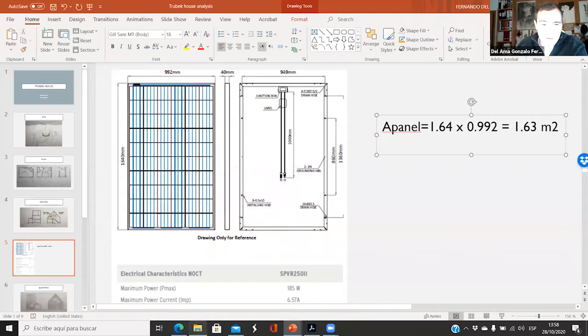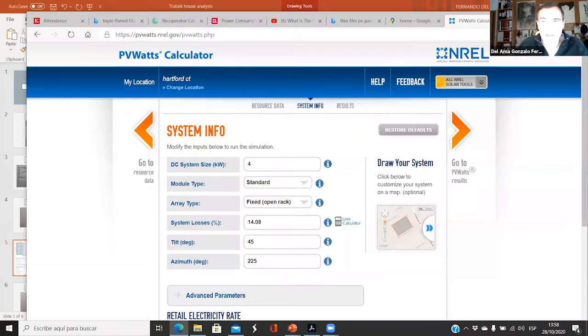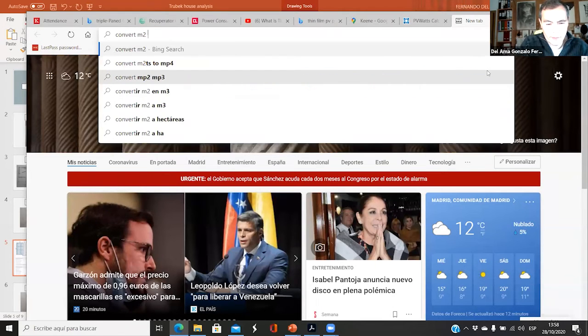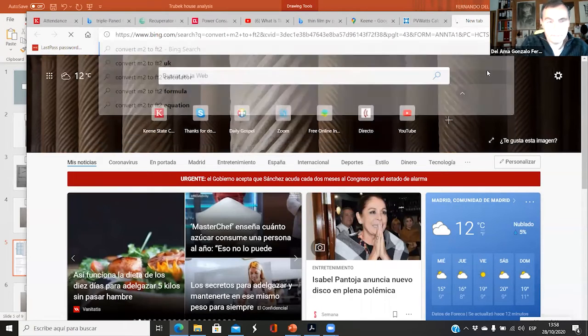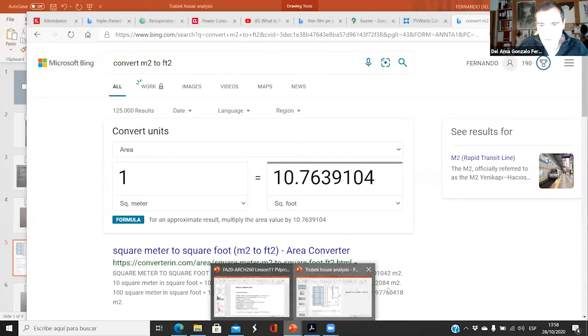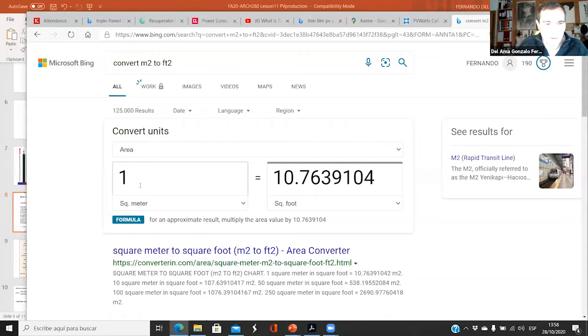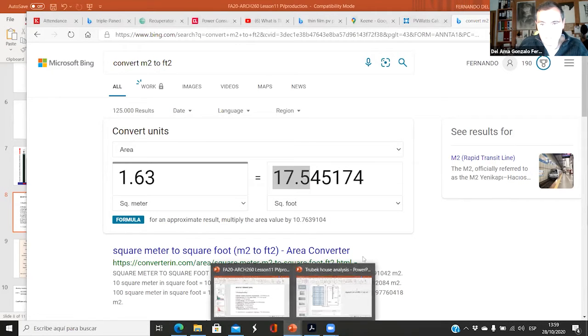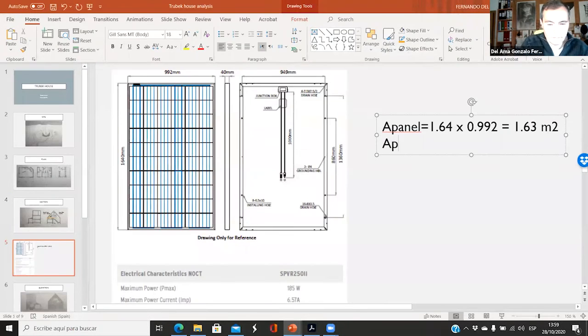We are working with square feet, so we need to convert square meters to square feet. Okay, so 1 square meter, how much was it? It's 1.63, it's 17.5 square feet. Okay, so this is the area of one panel.